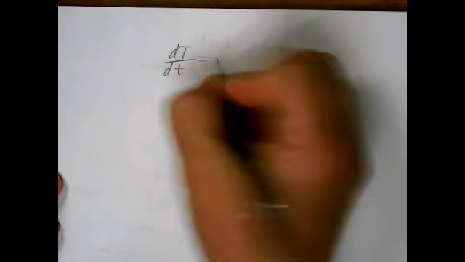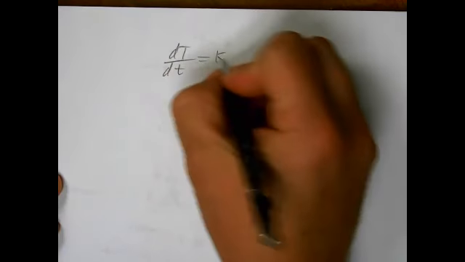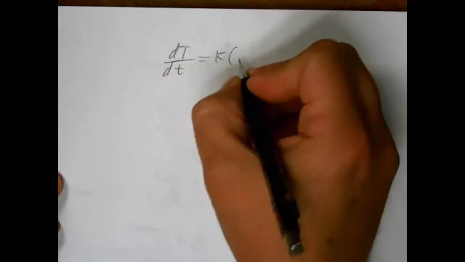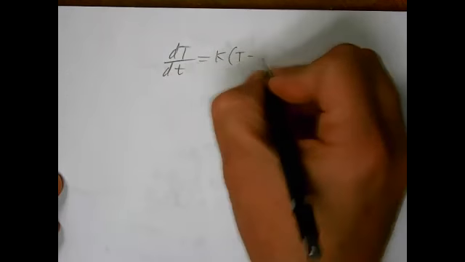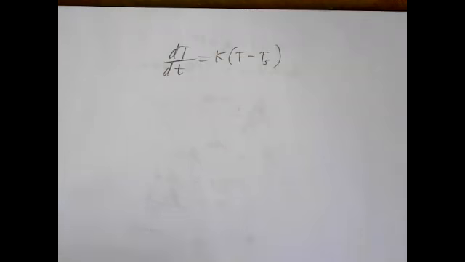Newton's law of cooling, just by experimentation and observation, it was found that the rate at which something cools is proportional to the difference in temperature between the object and its surroundings. If that sounds familiar, it should. That's saying that the change in temperature with respect to time is directly proportional to the difference between the current temperature and the temperature of an object's surroundings.